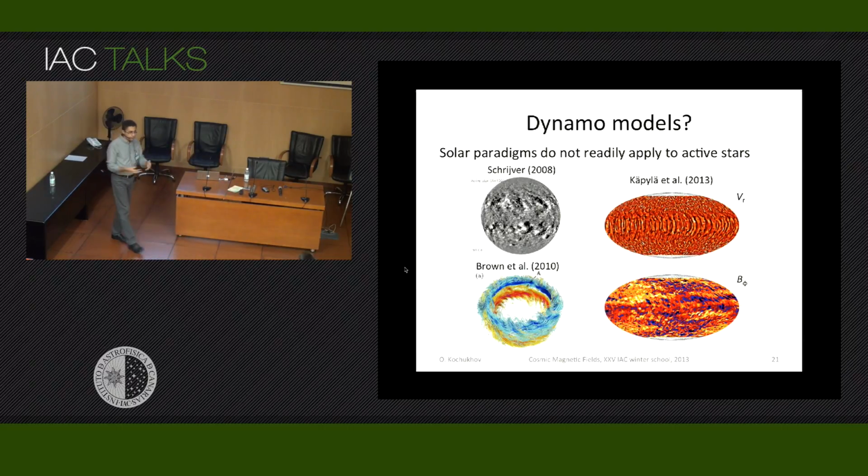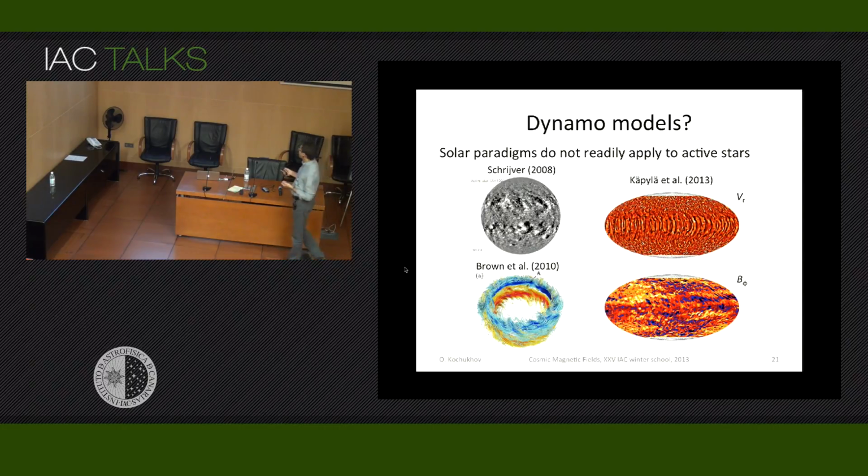And he has some model that describes more or less the behavior of magnetic field for the sun. And then he assumes that if the star rotates more rapidly, what happens is simply more bipolar regions emerge on the surface. So this is kind of a faster rotating sun.